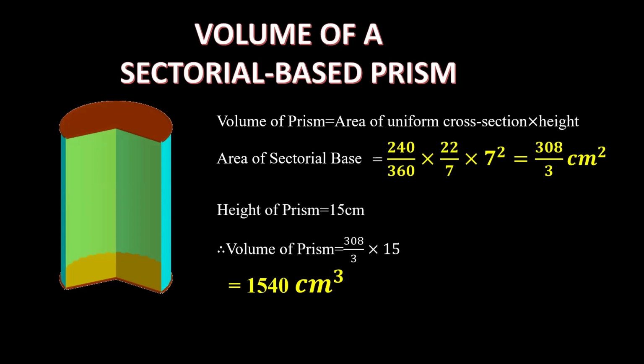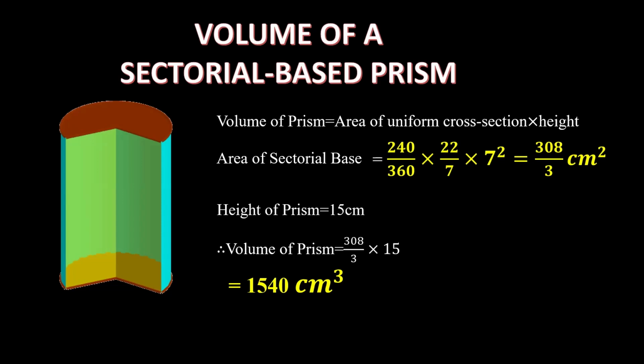No matter how difficult the prism may look, they all have the same way of getting their total surface area and proceeding to get their volumes. Understand the plane shapes that are assembled together to form the prism.